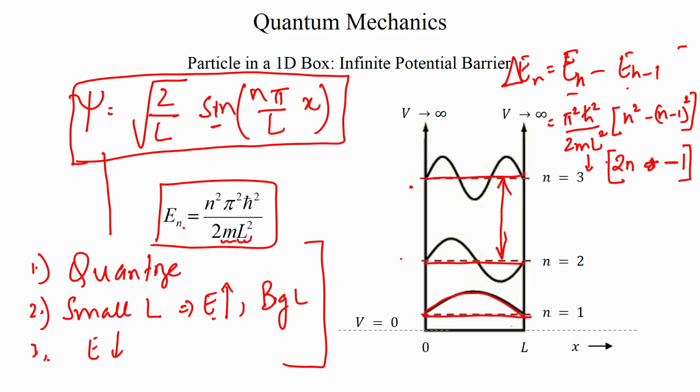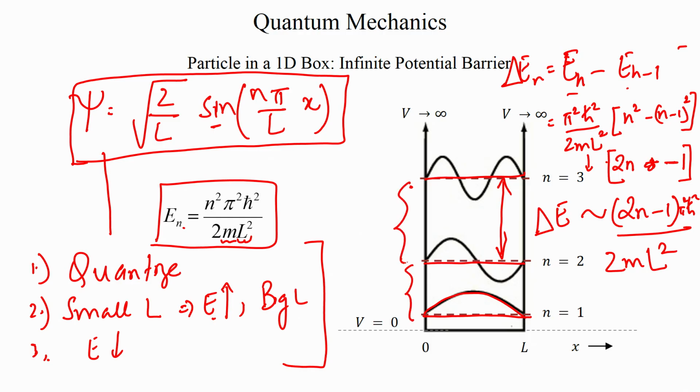So the gaps between these, which is my delta E, scales as 2n minus 1 into pi square h bar square by 2m L square. So the first thing to notice is as n increases, the gaps between these two subsequent energy levels also increase. So here you have a smaller gap, and there you have a larger gap, and n keeps increasing, this gap will keep increasing. Now the second thing to note is that as L or M increase, the gaps will reduce.